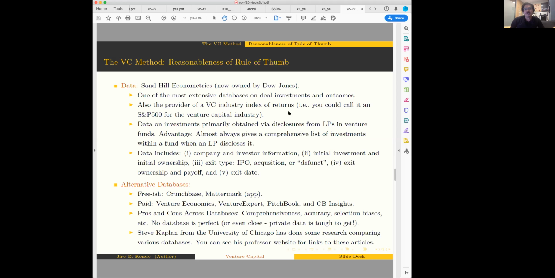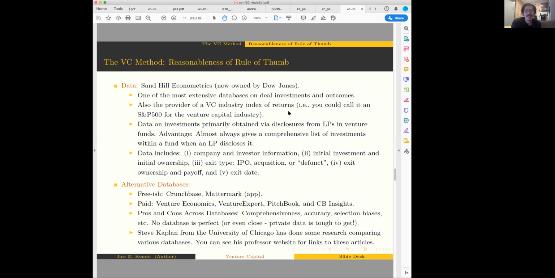The data includes, for every investment that they get through the LP funnel, so to speak, the LP tells them what company received the investment. They say who their VC was. They specify the initial investment and what that initial investment represents in terms of an ownership percentage.